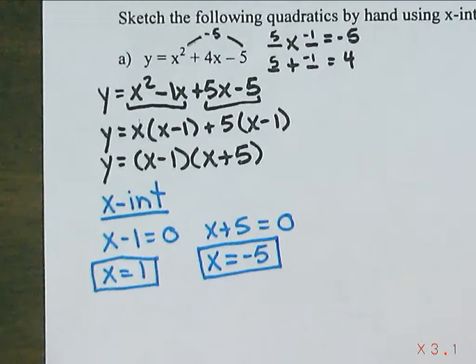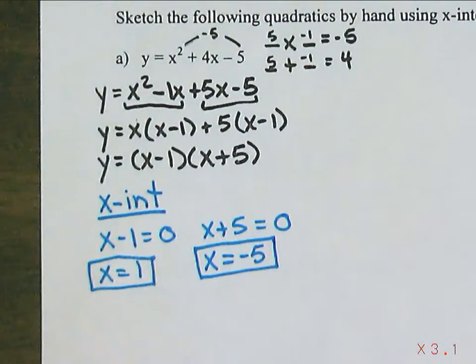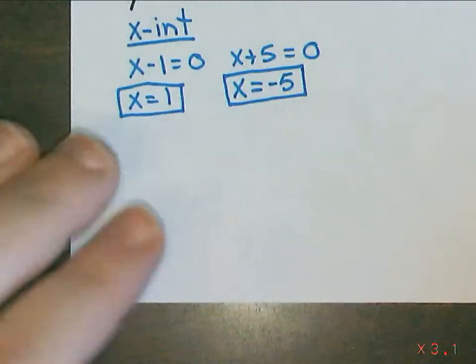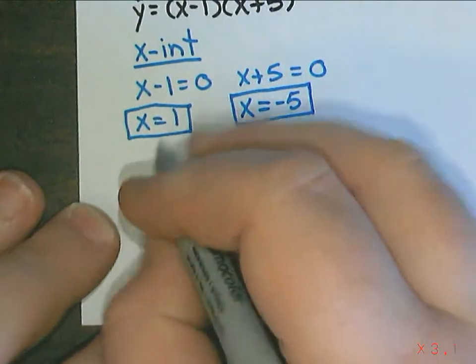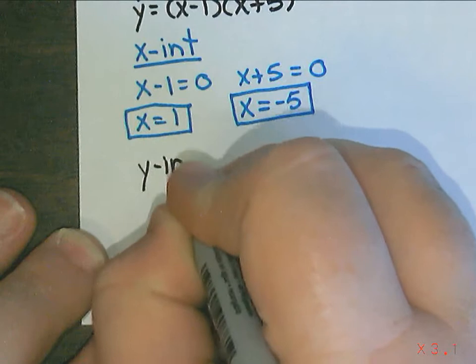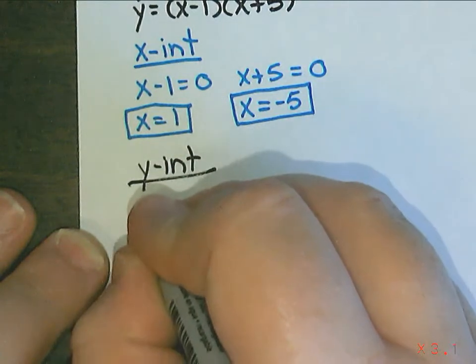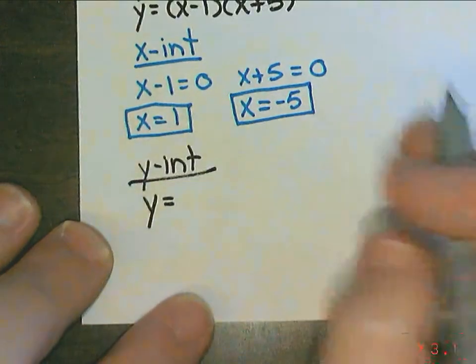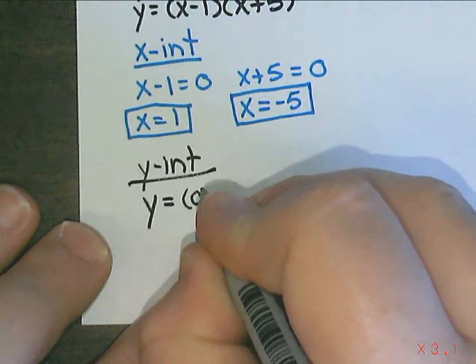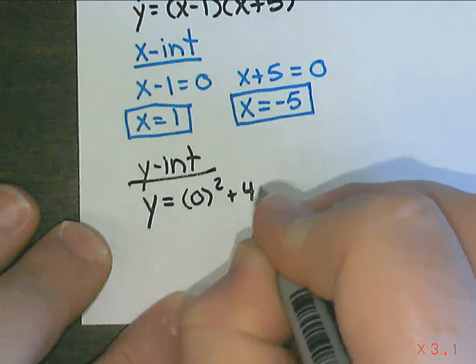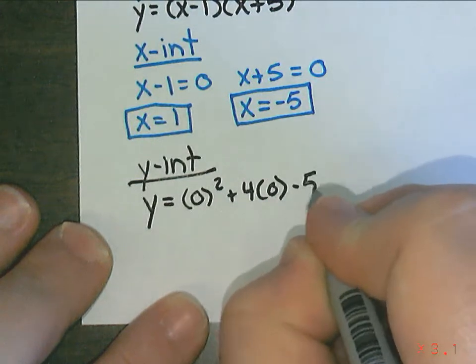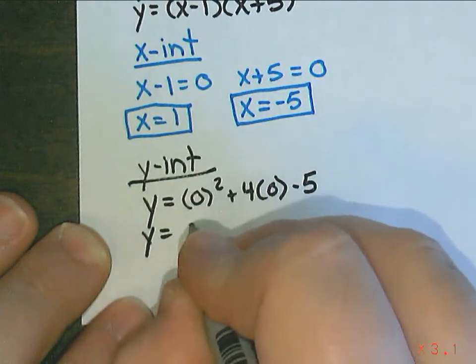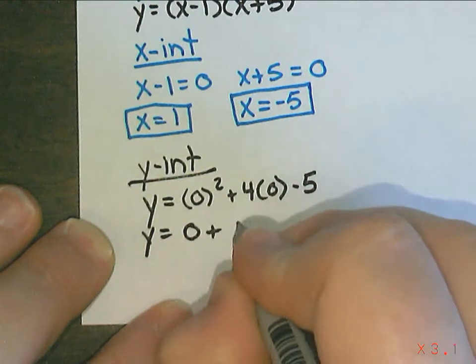Okay. So next step is the y-intercept. To find the y-intercept, what we do is we take 0 and we sub 0 in for x. So I'm going to use the original equation, x squared plus 4x minus 5, and everywhere I see an x, we're going to put in a 0. So 0 squared plus 4 times 0 minus 5. 0 squared is 0. 4 times 0 is 0.